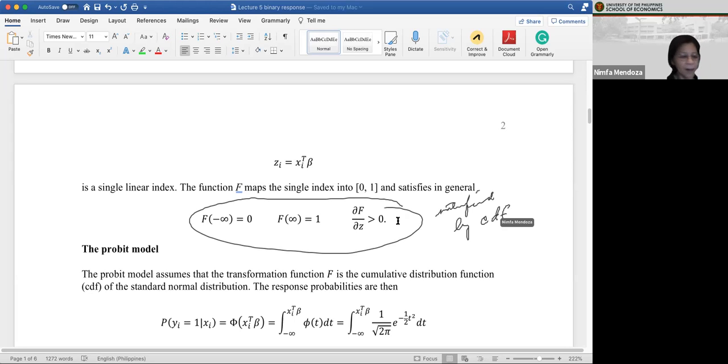For a CDF, its value at negative infinity is 0, its value at positive infinity is 1, and the partial of F with respect to z is greater than 0. It's positively monotonic. Well, not always. Sometimes you can have flats in F, but in the probit and the logit model, we would have this being satisfied.